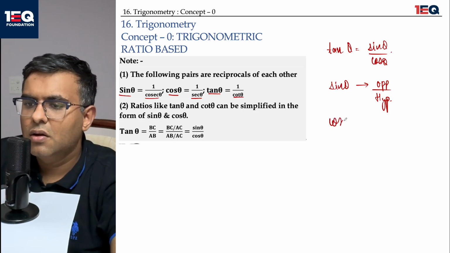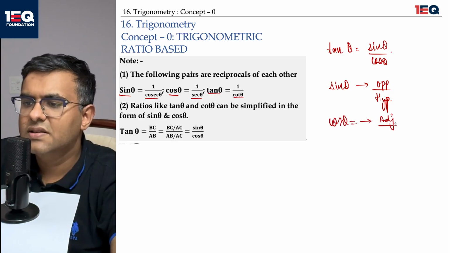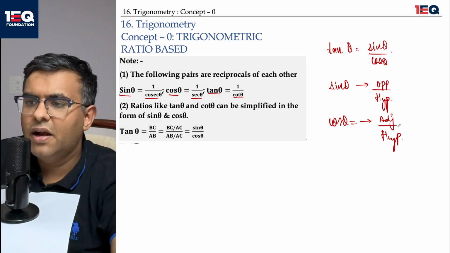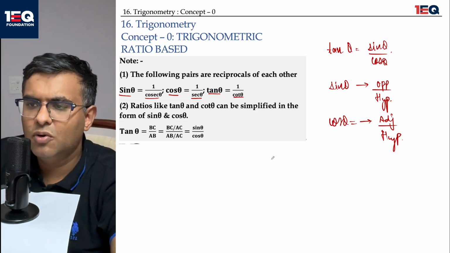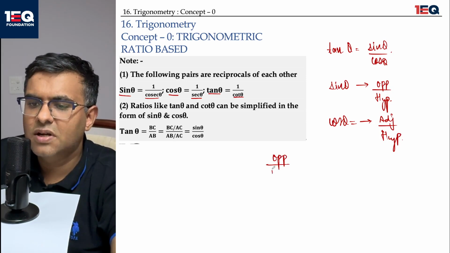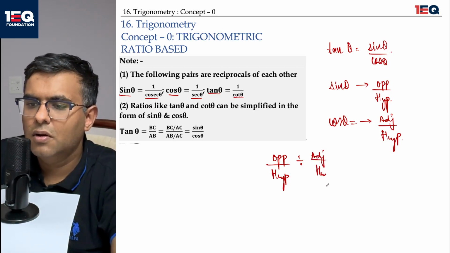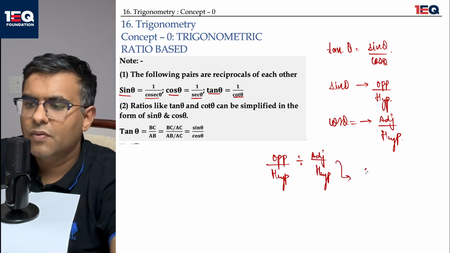Similarly, cos theta stands for adjacent upon hypotenuse. If I divide both of them, I would have opposite upon hypotenuse divided by adjacent upon hypotenuse.